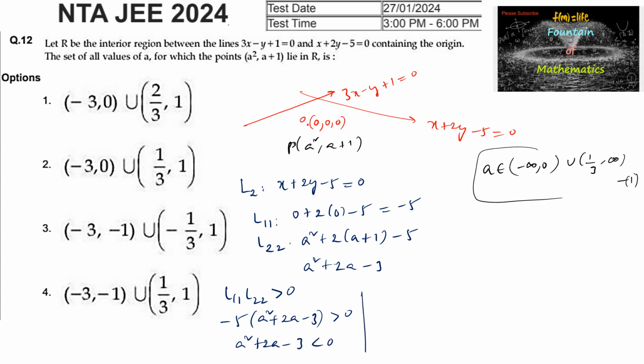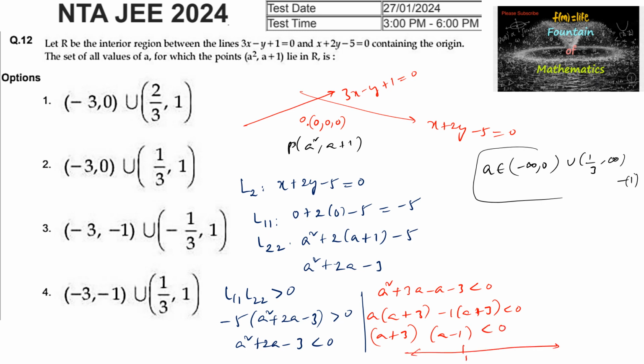Simplifying, a square plus 3a minus a minus 3 is negative, or a taken common, a times (a plus 3) minus 1 times (a plus 3) is less than 0. So (a plus 3) into (a minus 1) is less than 0. The solution lies between minus 3 and 1. By the wavy curve method, a belongs to minus 3 to 1. Say this is second.